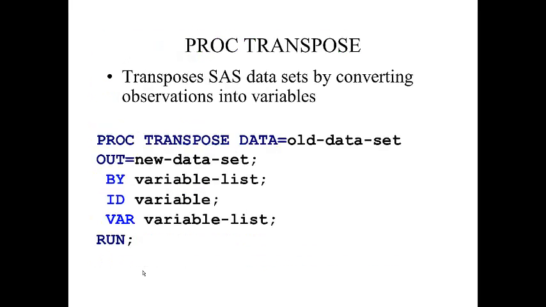The third way that we can restructure our SAS data set going from long to wide is with a procedure called PROC Transpose. This procedure interchanges rows and columns of a data set. And this works well if you have only one variable to transpose.